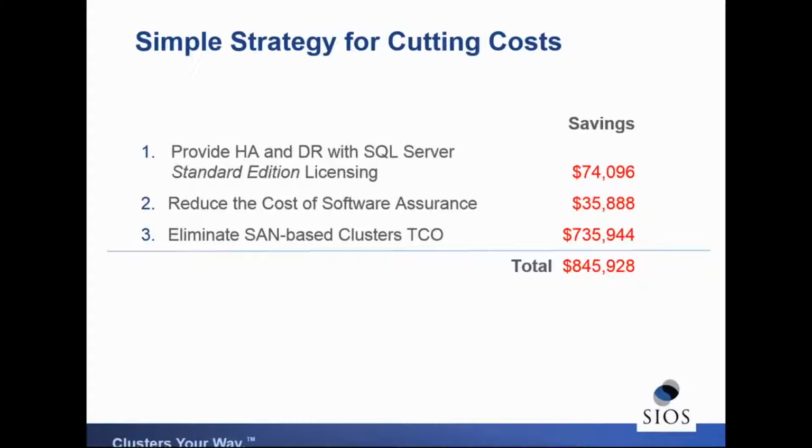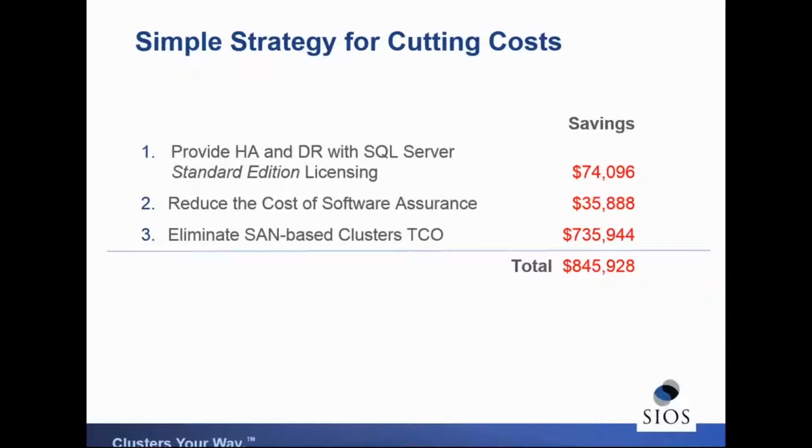One of the things you need to know is that software assurance used to be somewhat optional in the SQL Server space. In Oracle, you've always had to buy support just in order to get patches. Traditionally, software assurance with SQL Server was something you would buy if you wanted upgrade rights to the next version, and it's typically about 25% of your total licensing cost.